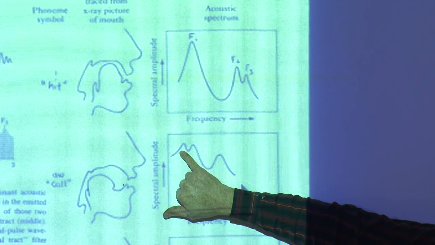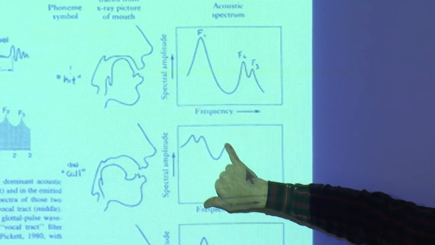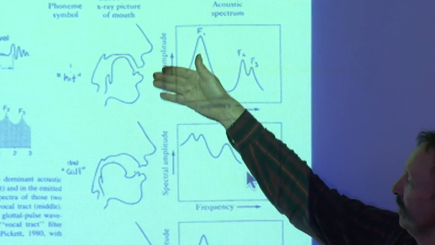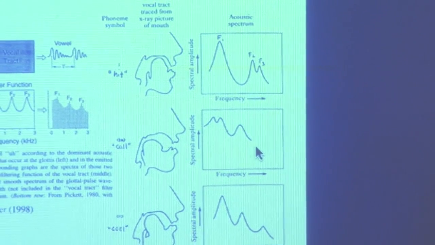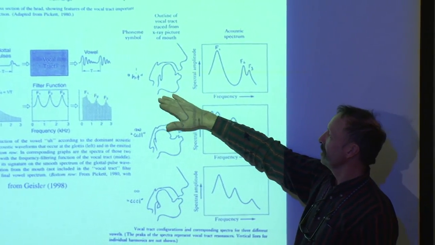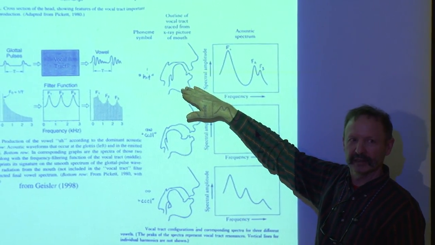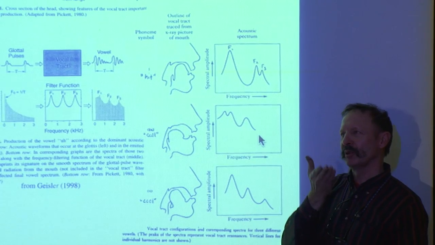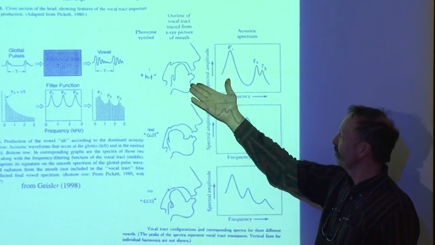Here, F1 is even lower, F2 is quite low, and F3 is moderately low. And these are, of course, the way you pronounce different vowels. So we can all say these two vowels. This is the vowel I, as in hit. So just everybody say that, hit, hit. And you can kind of feel that the lower part of your mouth is moved upward.